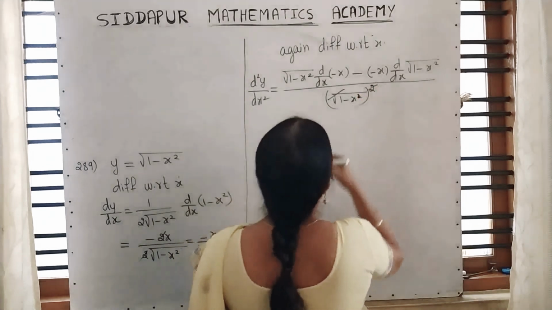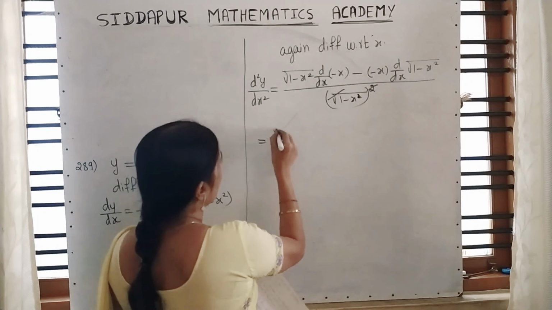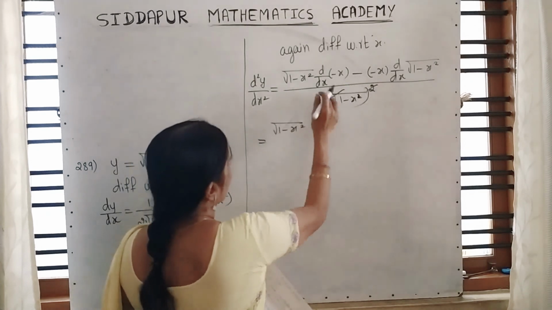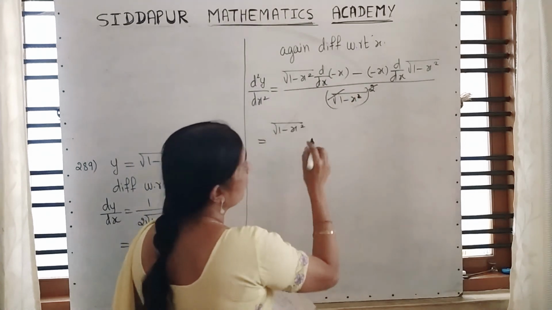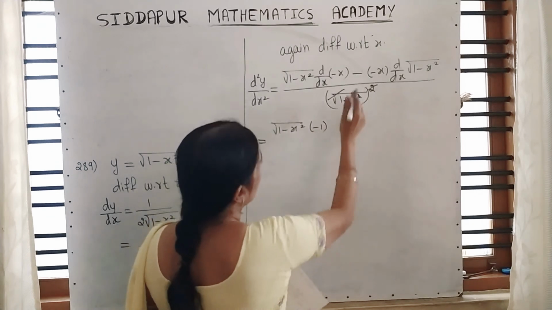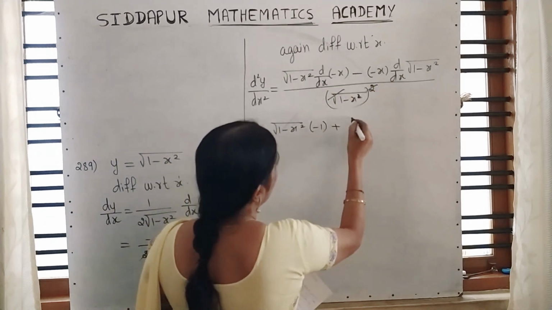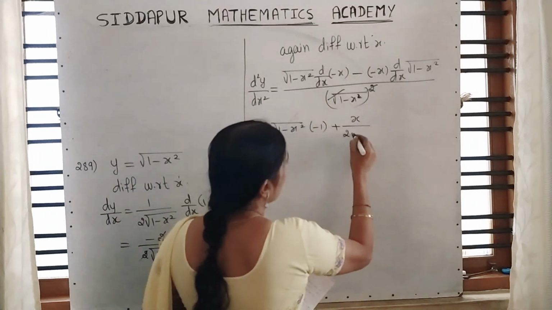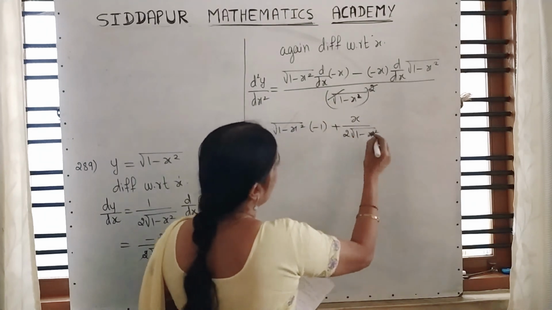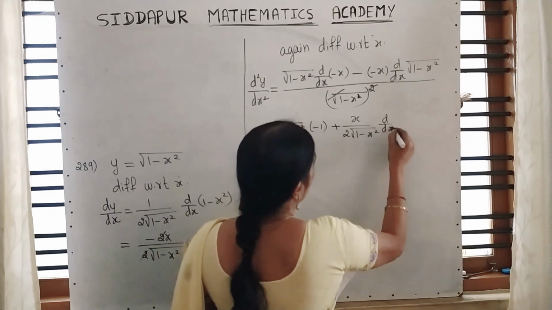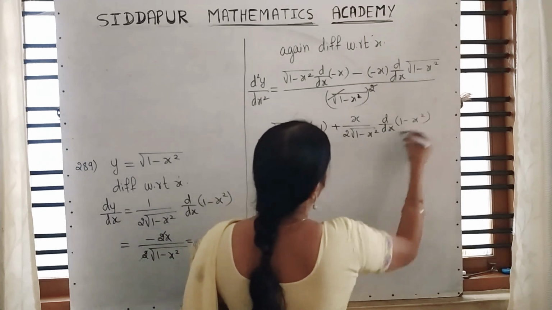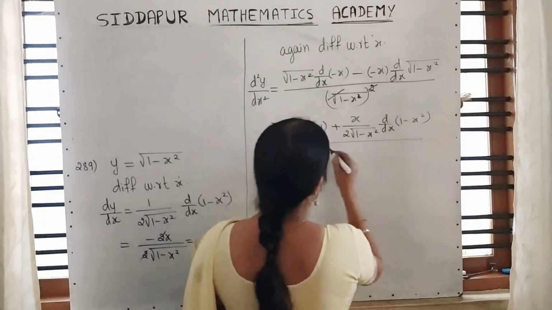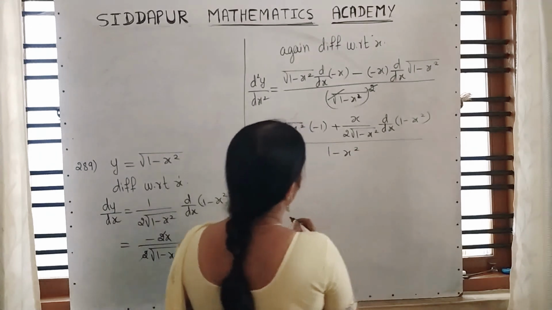Here square root and square get cancelled. See next step, 1 minus x square. Differentiation of minus x with respect to x is minus 1. This minus into minus becomes plus x upon differentiation of root is 2 root 1 minus x square into differentiation of 1 minus x square, whole divided by 1 minus x square.